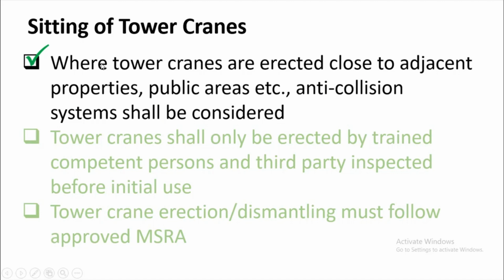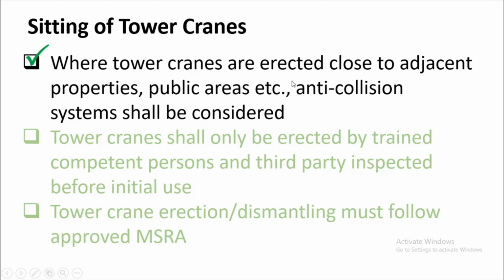So actually, if you have more than one tower crane on the site, there is a requirement now that you need to provide an anti-collision system, especially if your client or your consultants are requiring you to do this, then you need to provide it. But this is already a requirement in the legislation to provide an anti-collision system.